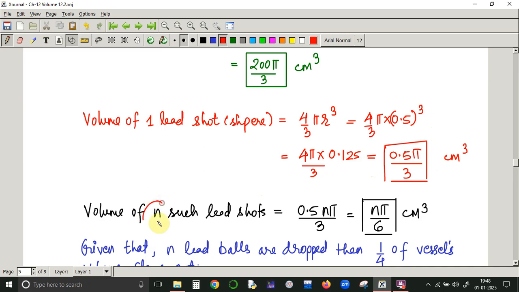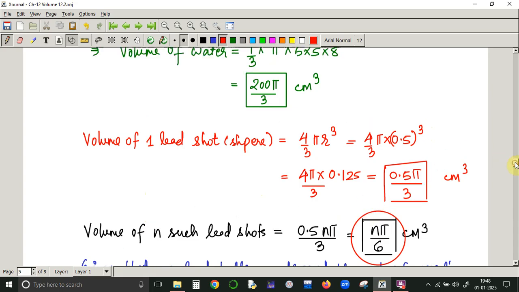So what is the value of n lead shots? Just multiply it by n. So you will get n pi by 6. This is the total volume of n lead shots, and these many lead shots are dropped into the conical vessel.